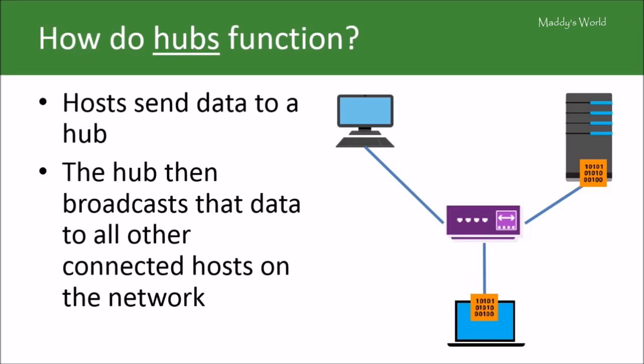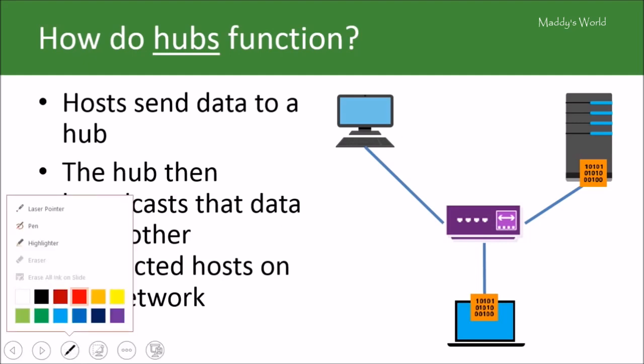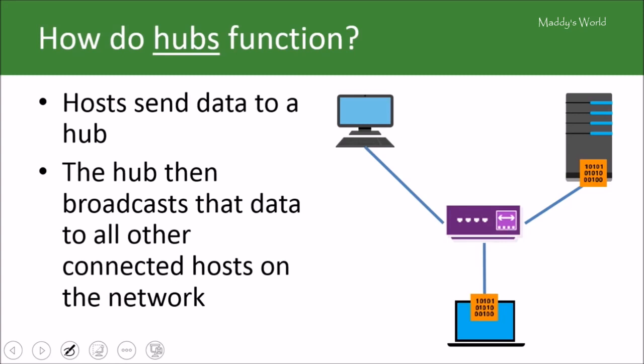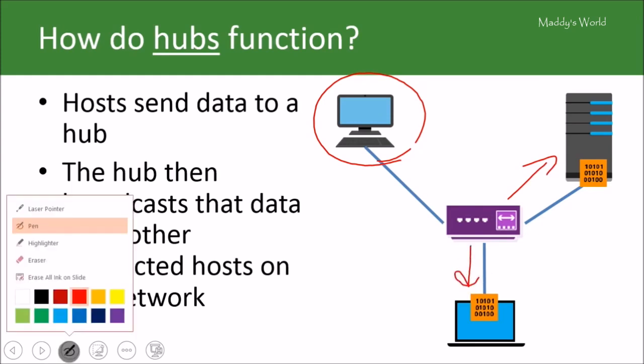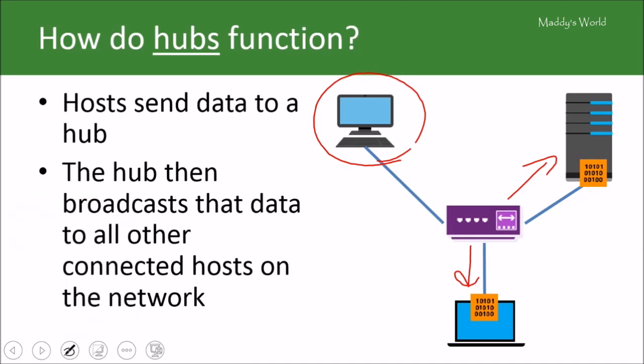But what happens is this computer, like you just saw in the demonstration, sends its data, and then every other device that's connected to a hub is going to receive that data. The difference, though, or rather a potential problem here for us, is that this computer may only want to send data to this laptop down at the bottom of the screen and not to the server that's located up at the top right.